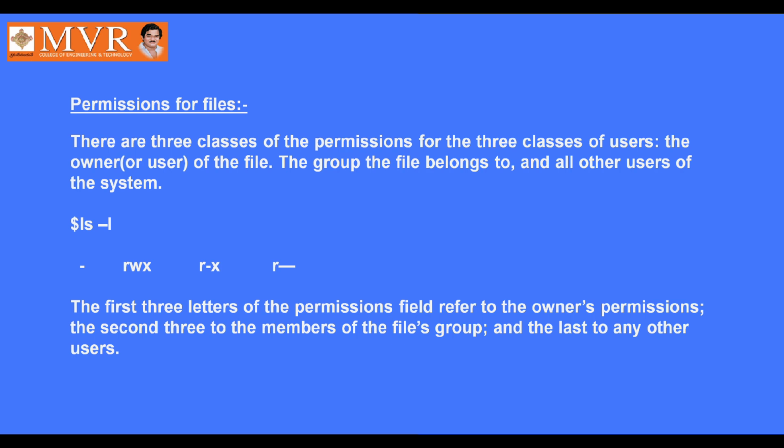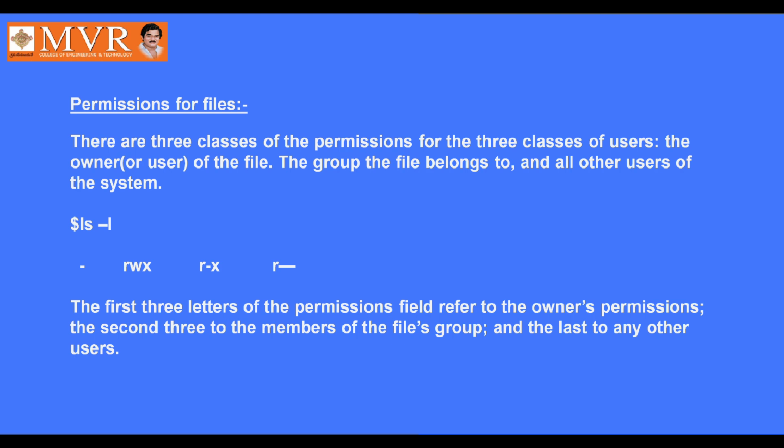Generally there are three classes of permissions for three classes of users. As I told you in earlier classes, there are three types of users. One is the owner, who created the file. The second is the group the file belongs to, that is, if the owner is in some group, the file belongs to that group.